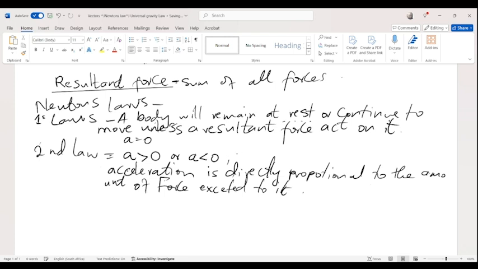So Newton's second law talks about a resultant force.